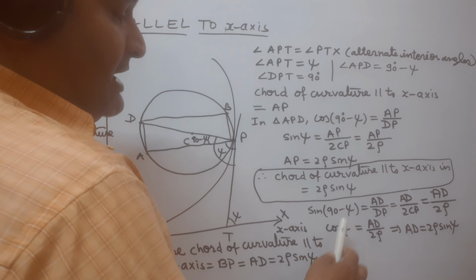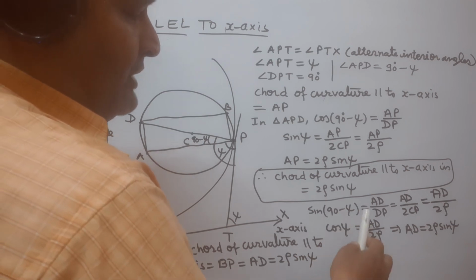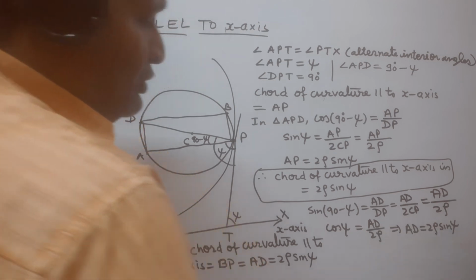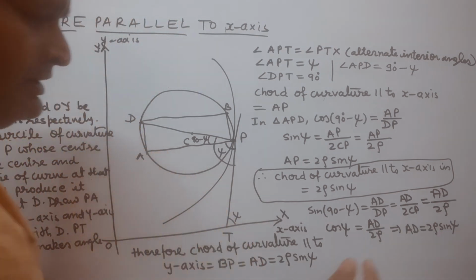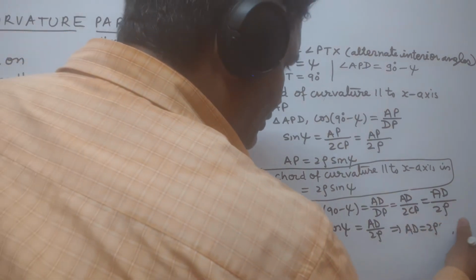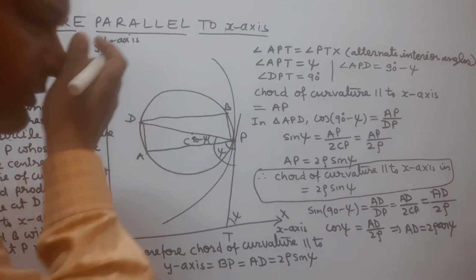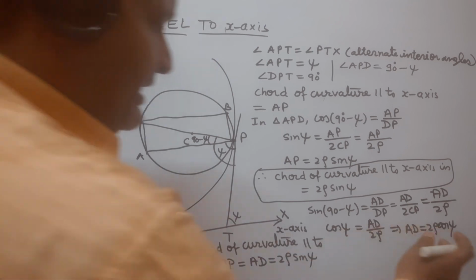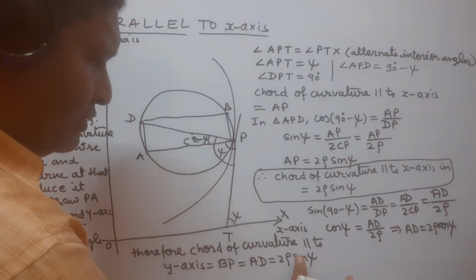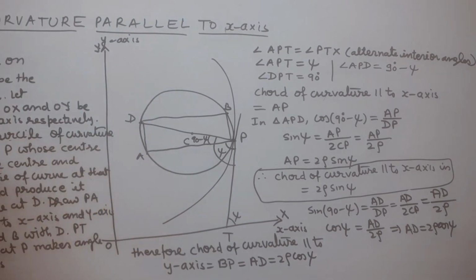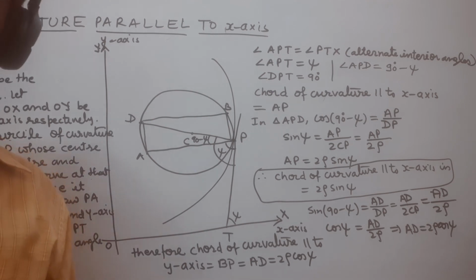Sin 90 minus psi is equal to cos psi, so cos psi is equal to AD upon 2 rho. So AD is equal to 2 rho cos psi. So the chord of curvature parallel to y-axis is 2 rho cos psi.